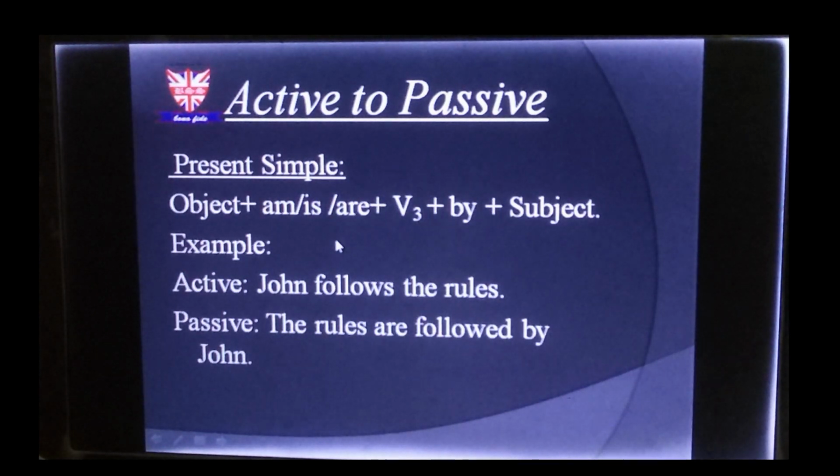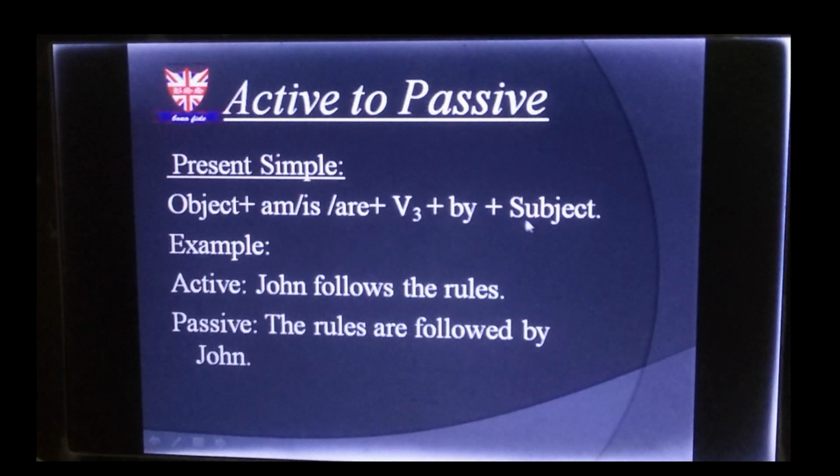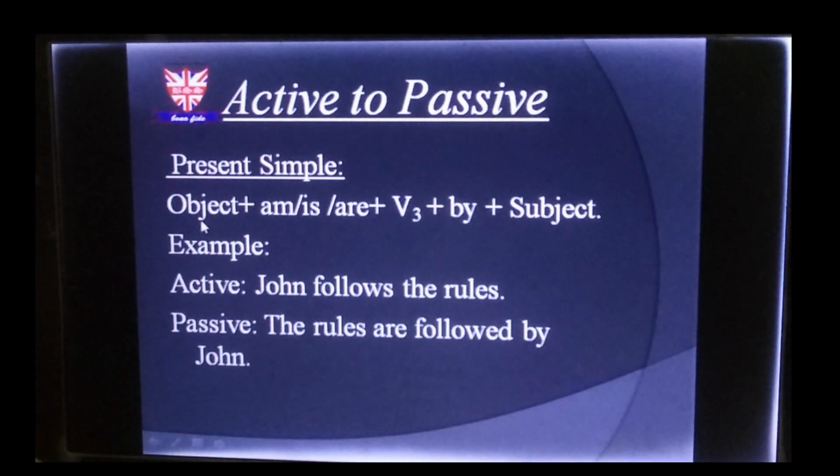You can see on the screen, present simple. In case of present simple, first of all, we have to put the object, then am or is or are, plus V3, plus by, plus subject. I want to remind you that in case of active to passive, our subject will be at the end and our object will be at the beginning.